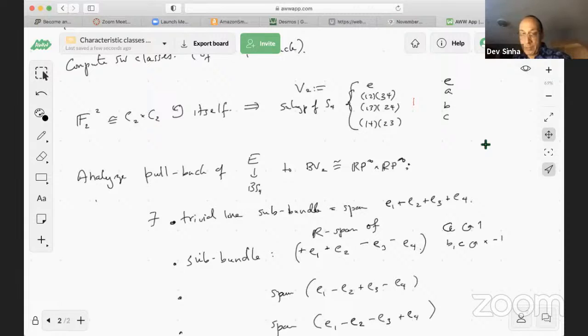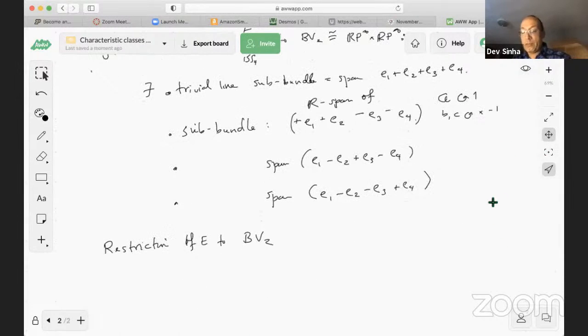What this means, if I look and then see that this then spans all of E pulled back to V, so that means the restriction or pullback of E to BV2 is a sum of line bundles. And what are those?